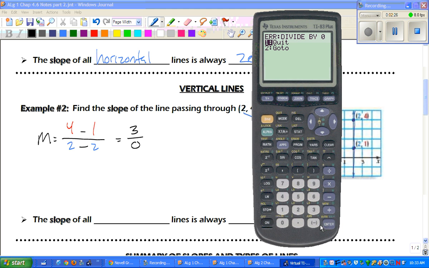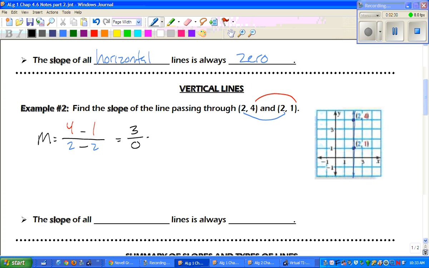Whoa! Did your calculator say something like that? Or error? So what that means is this is an undefined slope. A lot of your calculators are going to say error, but undefined is the answer. So the slope of all vertical lines is always undefined.